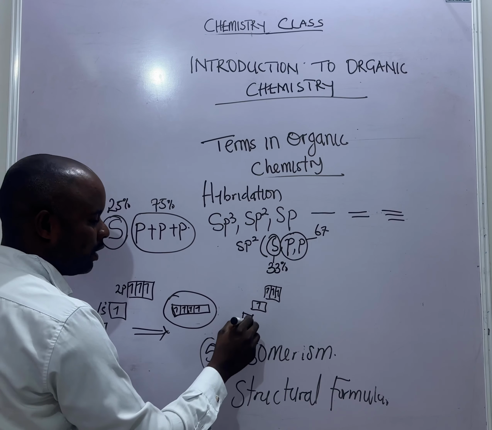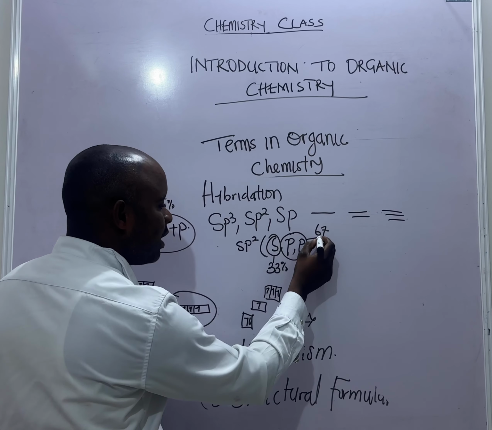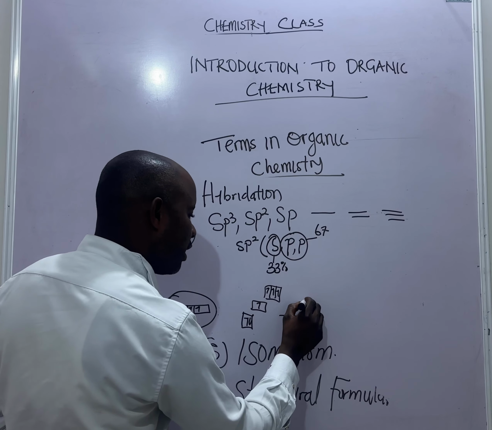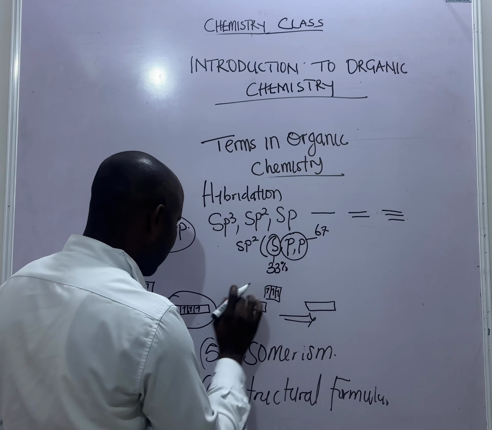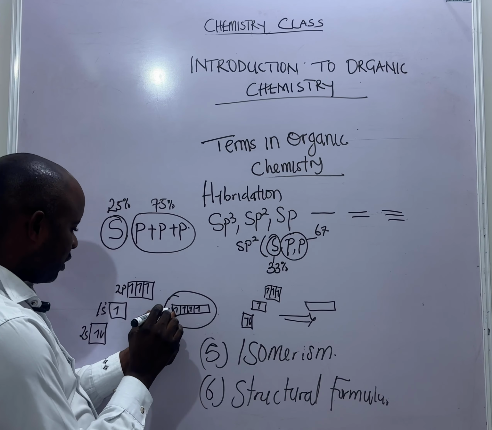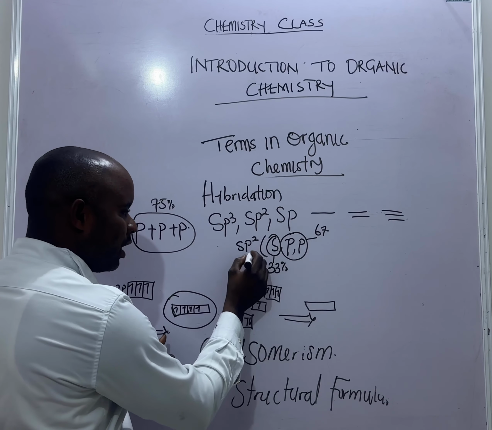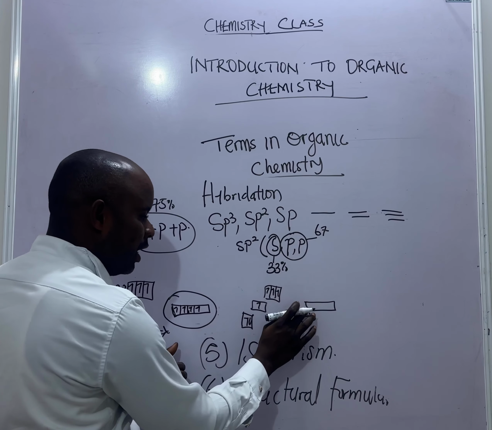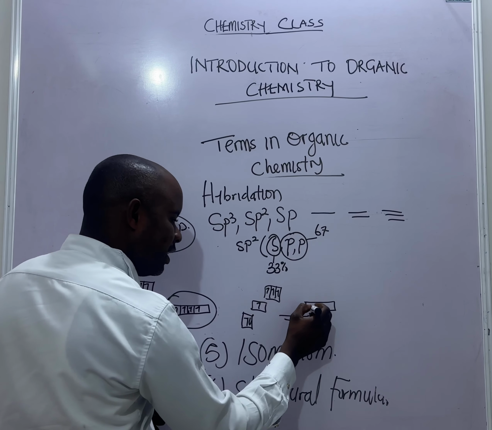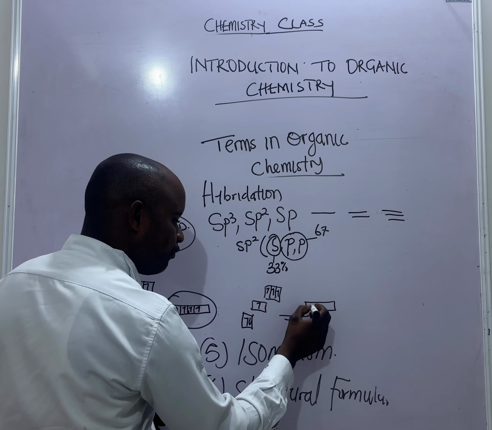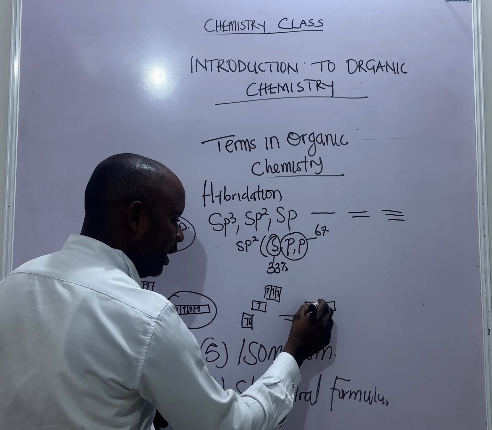Since we have 67% p character, the orbital that will be formed will be closer to the 2p. Since the character contributed by S is 33%, it will be lower compared to this. So here, one S is contributed, and we have 2p.